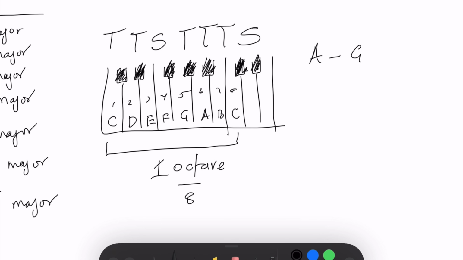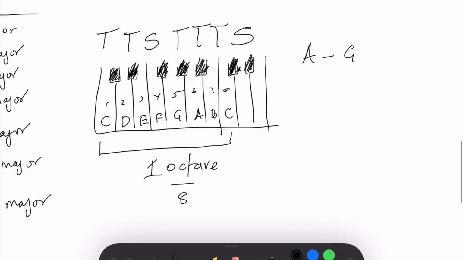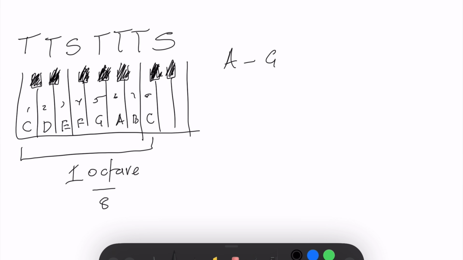And now, let's look at tone, tone, semitone, tone, tone, tone, semitone on the key of C. You have do, re, mi, fa, sol, la, ti, do. Invariably, we could call those other names like tonic, supertonic, mediant, submediant, subdominant, and dominant, and all that.